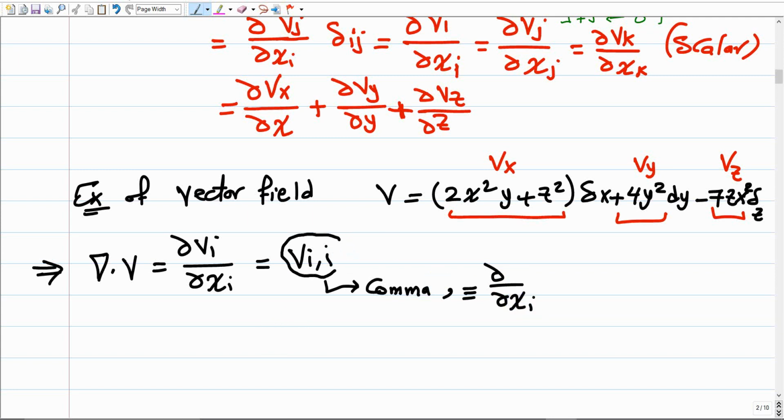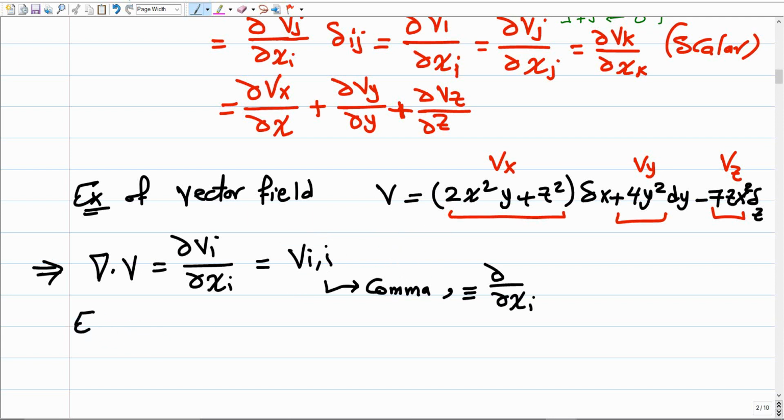This is a more compact form, because if you read some research articles or papers, you may find the author writes vi comma i, or vr comma r, or vj comma j, whatever it is. What does it mean? This comma is a more compact form of the partial derivative with respect to xi, or xj, or xk. Make sense?